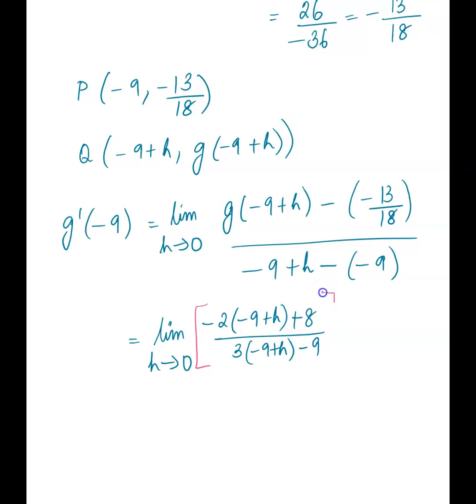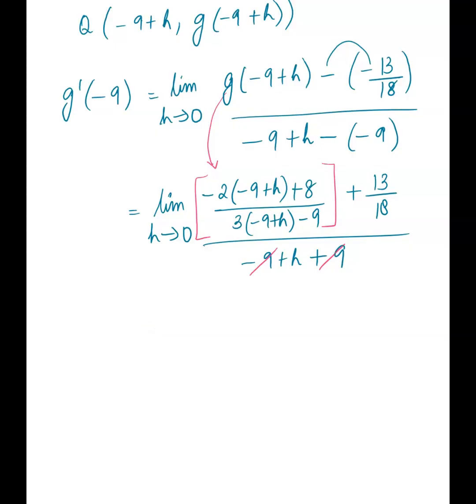That's your g of -9 plus h, plus 13 over 18, all over -9 plus h plus 9, and therefore these will go away.